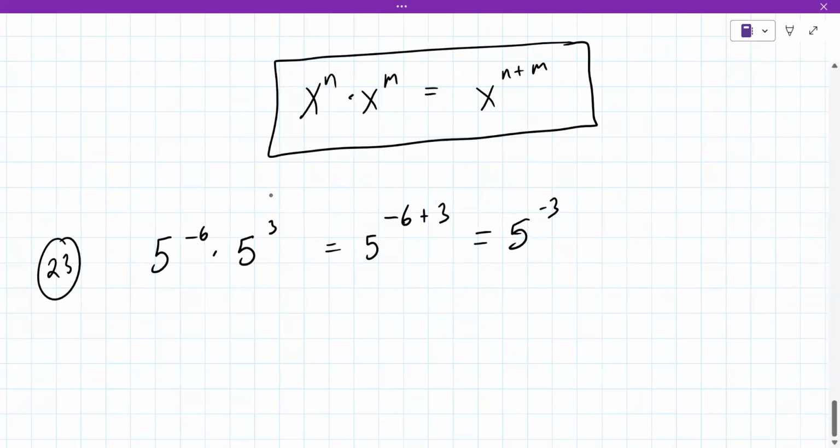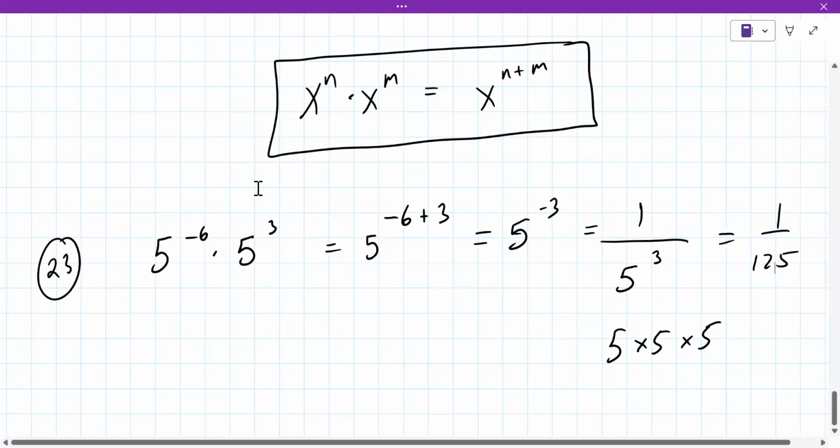Now, it works the same way for numbers as it does variables, which becomes 1 over 5 to the third power. Can you tell me what 5 times 5 times 5 is? 15. Nope. 5 times 5 times 5. You gave me 3 times 5. 125. Yes, so this is 1 over 125.